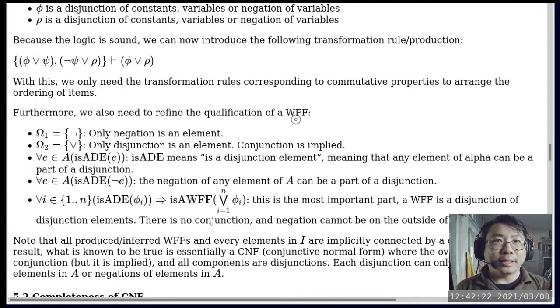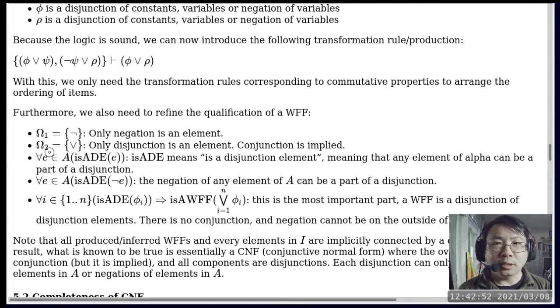Extending well-formed formula to consider something that wasn't a well-formed formula before may not be a very good idea. But restricting, if it works, it's okay. So we are now restricting so that omega 1, which is the set of operators or connectives, only has negation, just like before. We only had one item in omega 1 even before. So that's not a big deal.